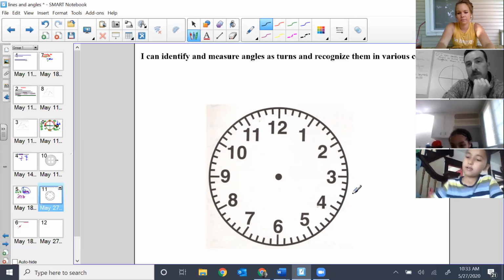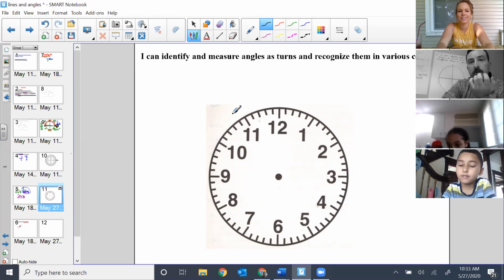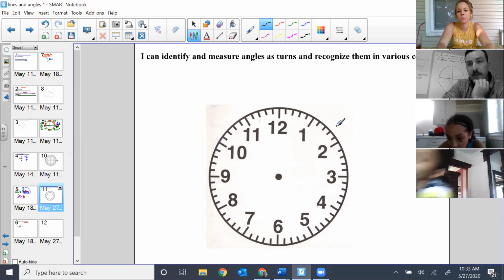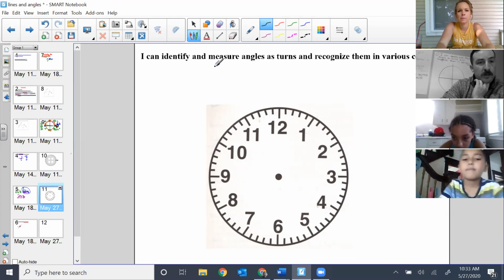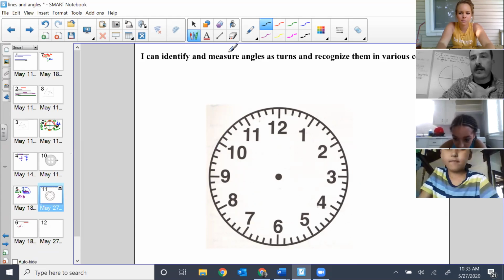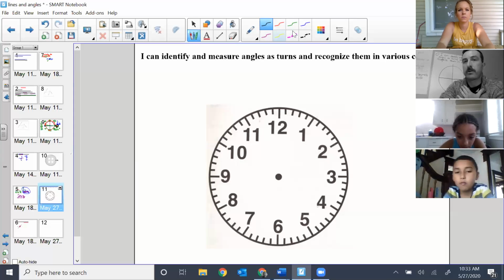Yeah, it's a circle. So we can also say that this clock has 360 degrees in it, because it's a circle. We're going to look at how we can move the hands to identify our benchmark numbers.